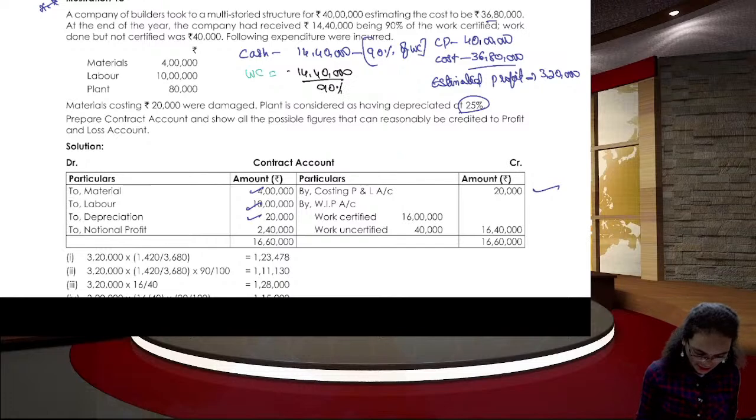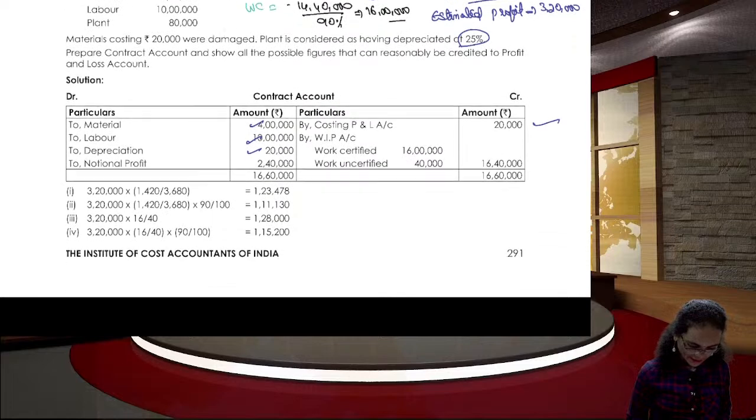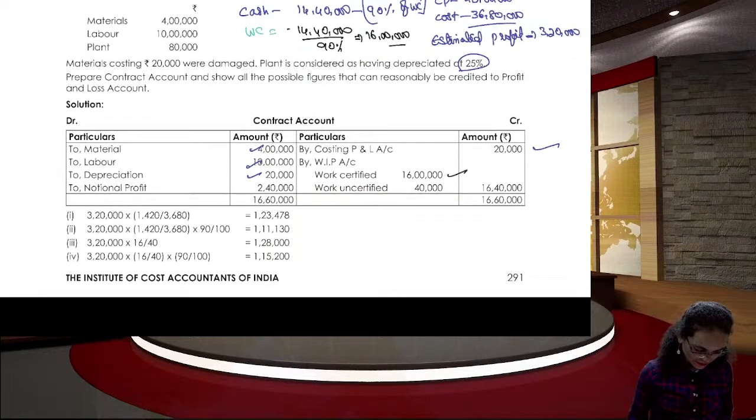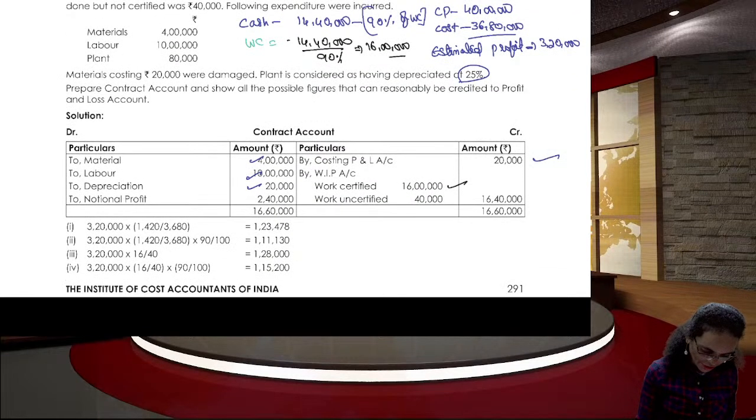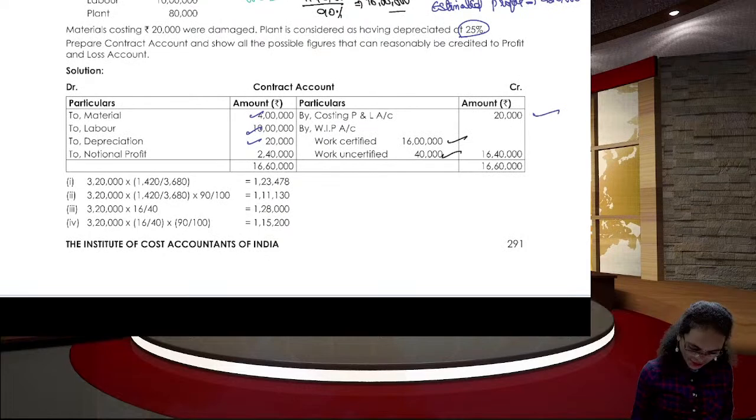That is 16 lakhs is the work certified, and the uncertified value he has given is 40,000. Right, so we got everything. This one is a balancing figure, a notional profit or estimated profit, we can use the word.